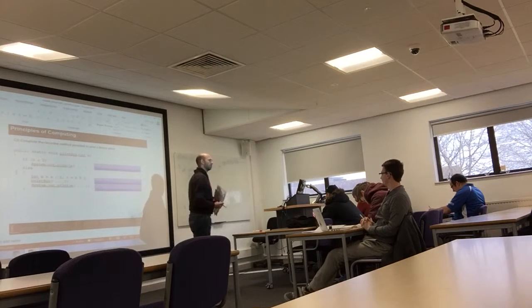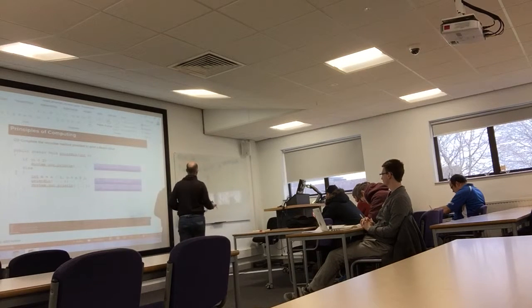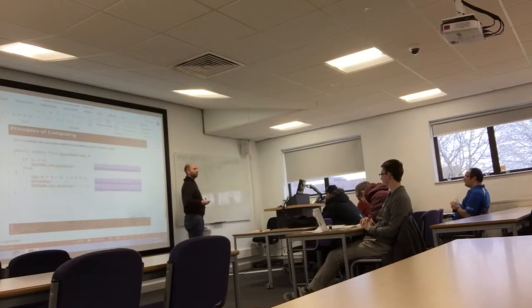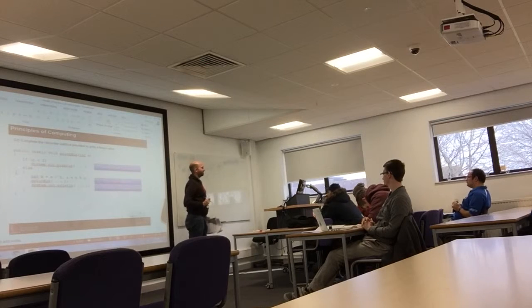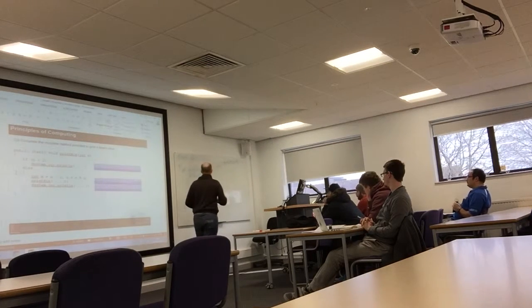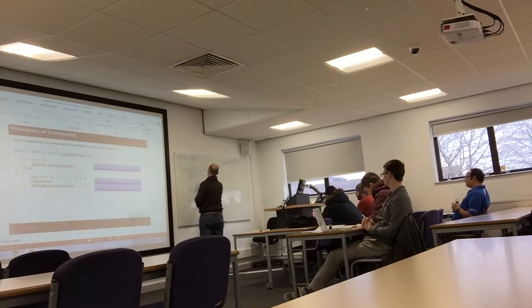What do you think we could use as a condition to go into the first part of the if-else statement? B equals 0? B equals 0, yep, absolutely. If B equals 0, then what would we be returning? A. Spot on.